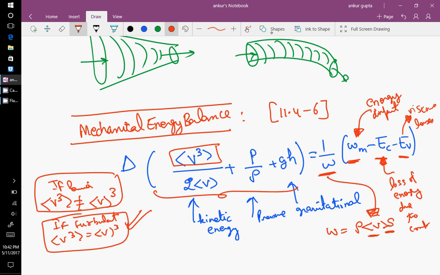So we'll write delta as v2 cube by 2v plus p2 by rho plus gh2 minus v1 cube by 2v minus p1 by rho minus gh1. So basically 2 minus 1, and if that is negative, that means that the right hand side was negative. That means maybe viscous losses were overpowering energy input, compression losses were overpowering energy input, or maybe there was zero energy input and there were just viscous losses and things like that. But you are well aware of basically how we derive this equation in the class.